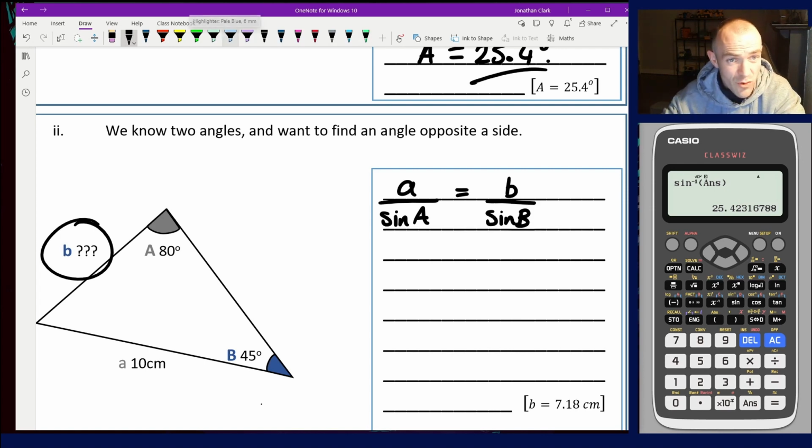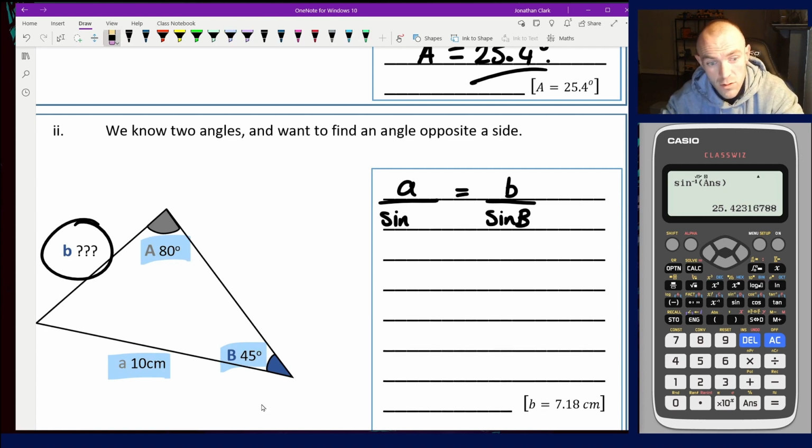And then once again, I'm going to replace everything that I know. Got rid of the one thing that I didn't know. Let's keep that there. That was a 10. My little side A, that is 80 degrees, and this is 45. Lovely.